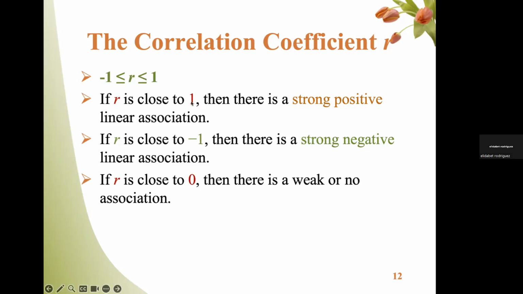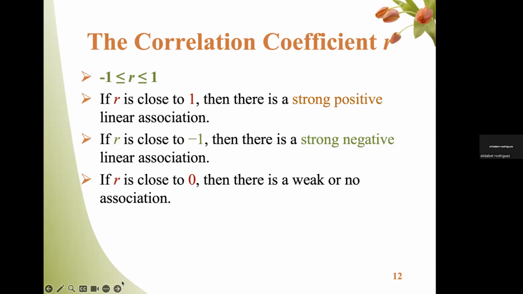For example, R equal to 0.9234. 0.9234 is close to 1, so we have a strong positive linear association. An example of a strong negative correlation is -0.8562.